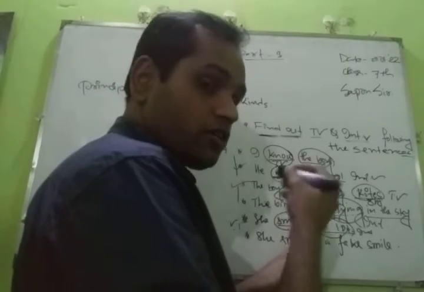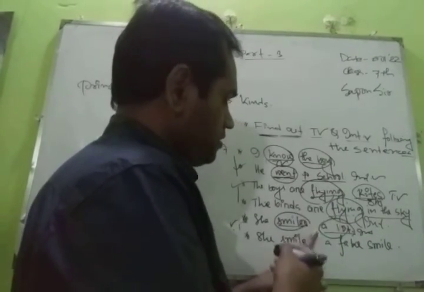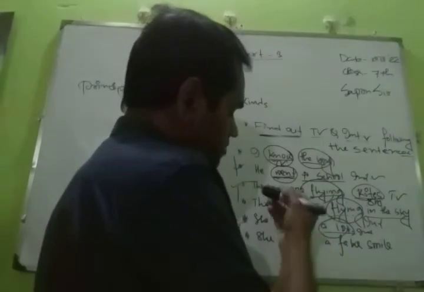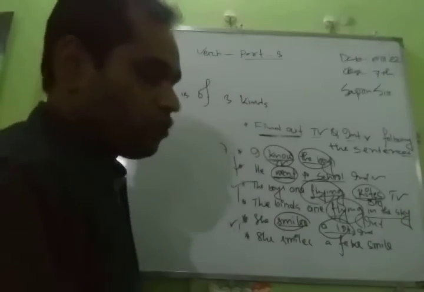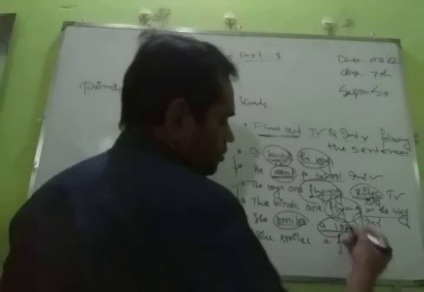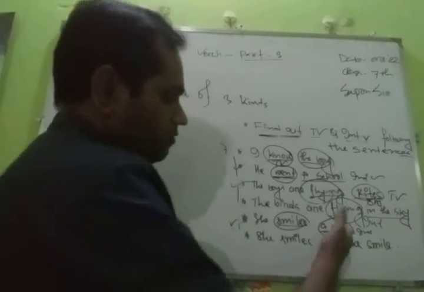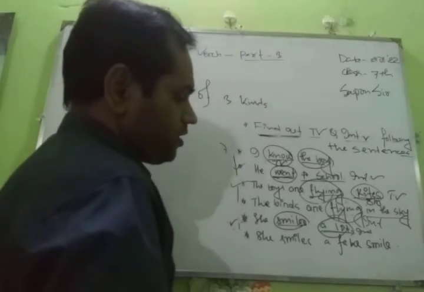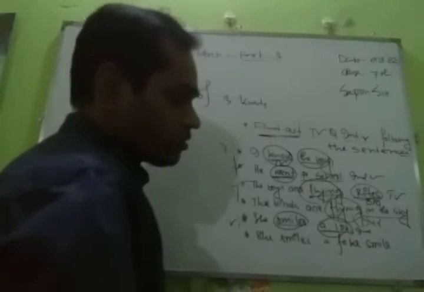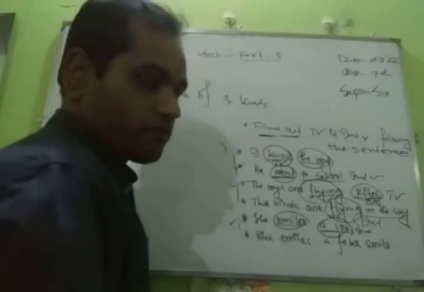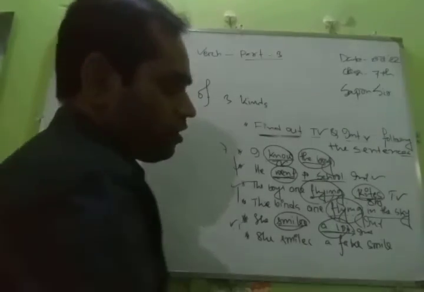If you ask the verb with what or whom, the answer is not available, or the object is not available. It is not an object; it's called a complement.